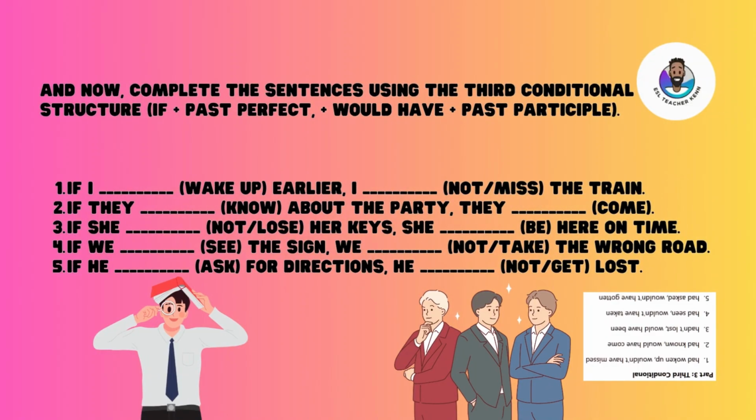And now, complete the sentences using the third conditional structure: if and past perfect, uses would have and past participle. 1.